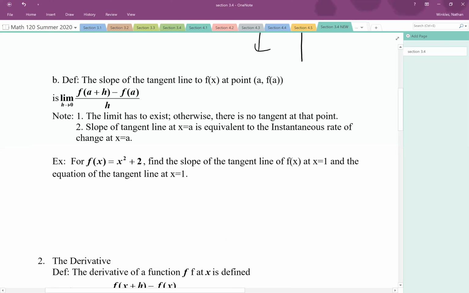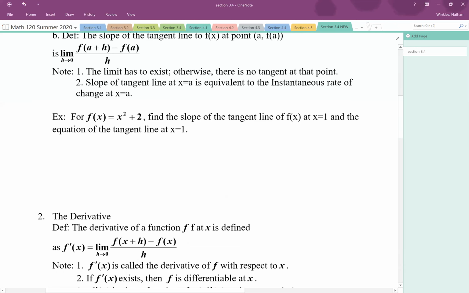So for example, it says find the slope of the tangent line of f of x at x equals 1 and the equation of the tangent line at x equals 1.